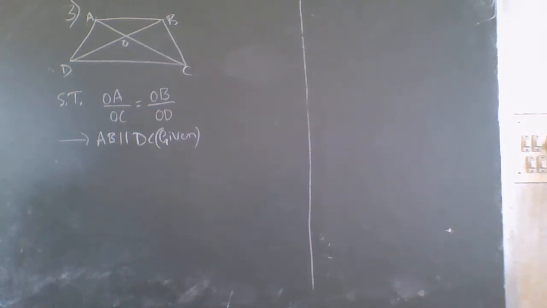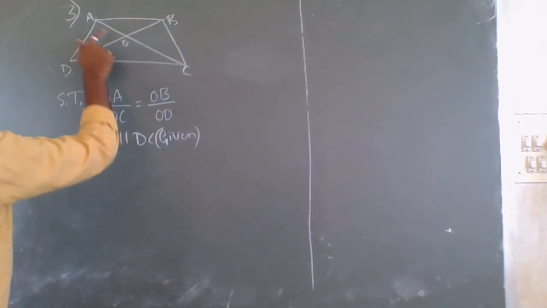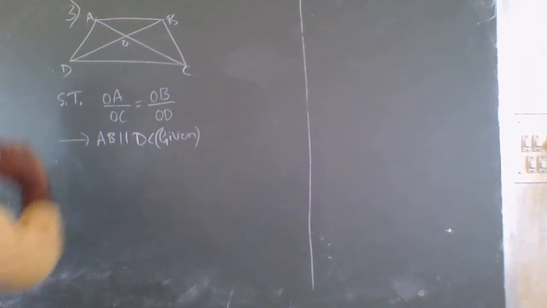So now in this trapezium I will consider two triangles, triangle DOC and triangle BOA. These two triangles I will consider.